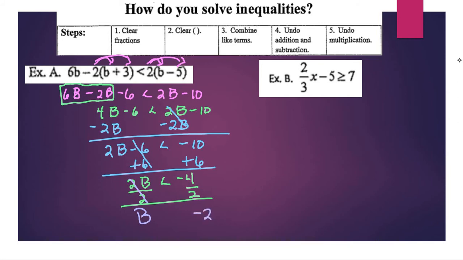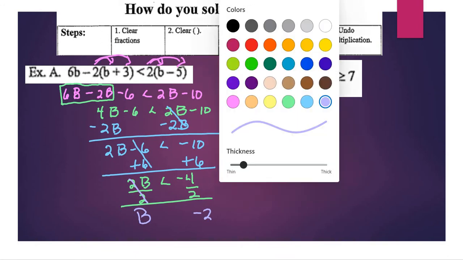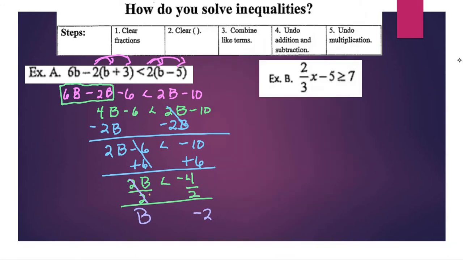And before I write the final symbol down right here, I'm going to go back and check right here. Did I divide both sides by a negative number? And the answer is no, and I cannot get my pen to write. So let's see if it's going to write now, and it's not. So the symbol does not change.